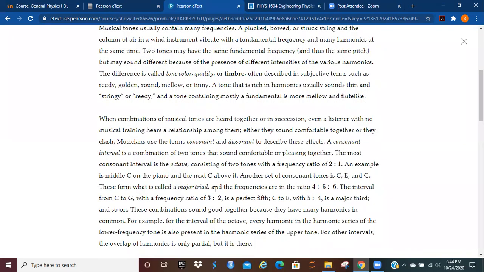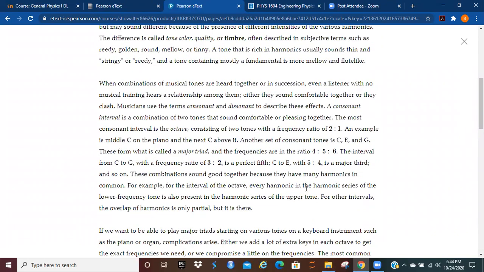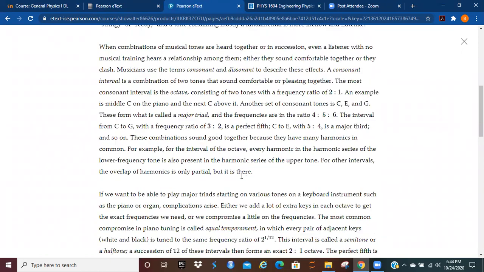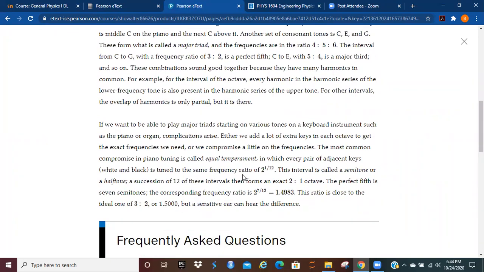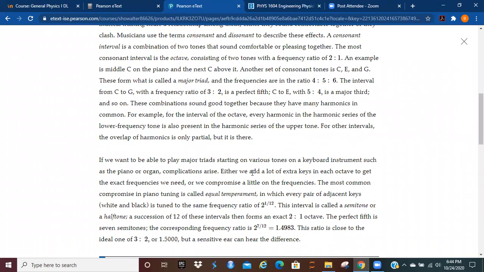And then we've got a discussion here regarding different frequency ratios between certain notes, like a C to a G has a frequency ratio of 3 to 2. It's considered to be a perfect fifth. C to E, 5 to 4 is a major third, and so on and so forth. So these musical terms that you actually hear do have a physics description that goes along with them.